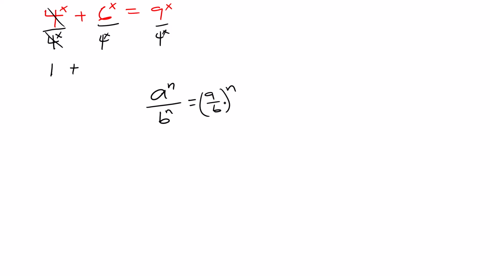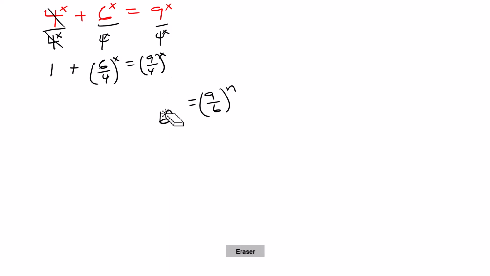So the next thing to do is to take the powers out here. So we have 6 over 4 all raised to x, and I'll do the same here, 9 over 4 raised to x.